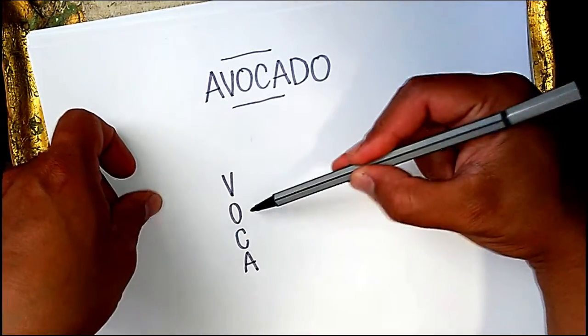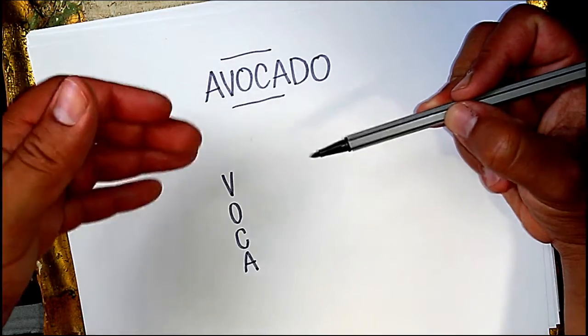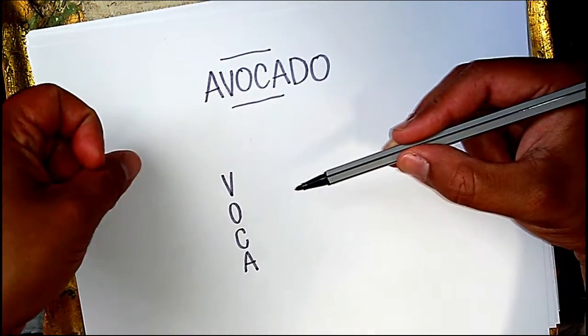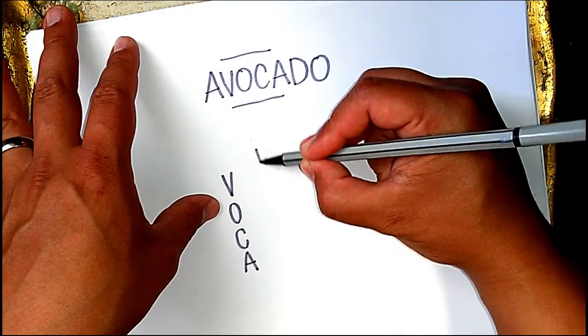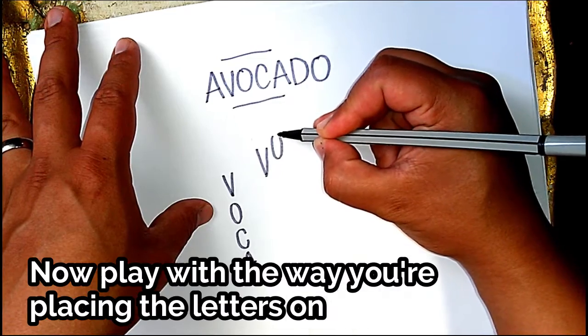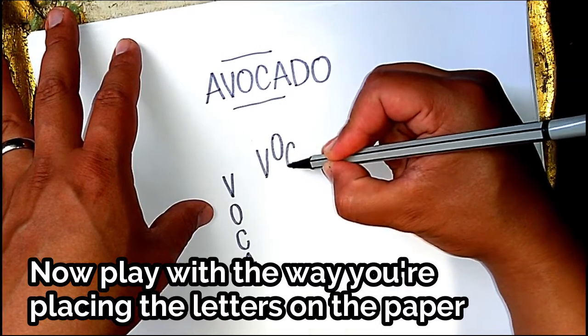This is the composition of the letter forms, and as a graffiti artist, you should be able to work with letters at any angle and still make it dope. So all I want you to do, take your name now and play with the way you're placing them on the paper.